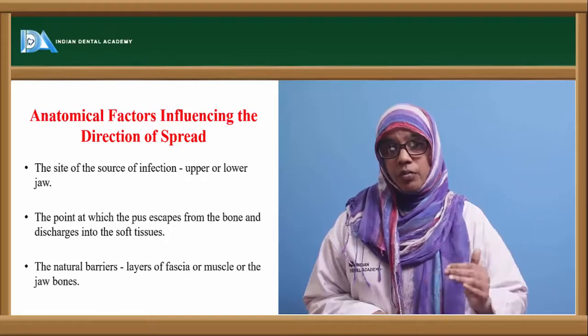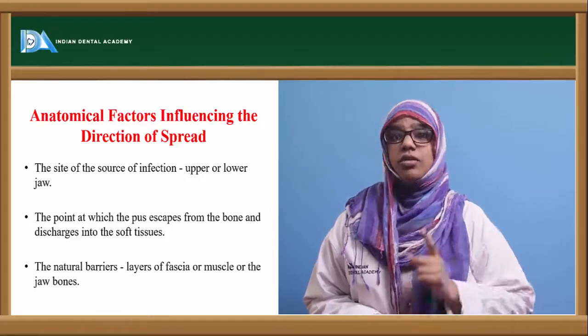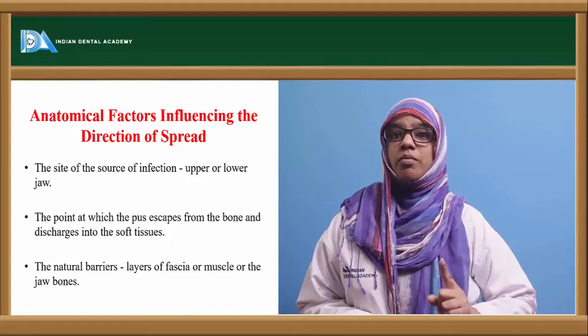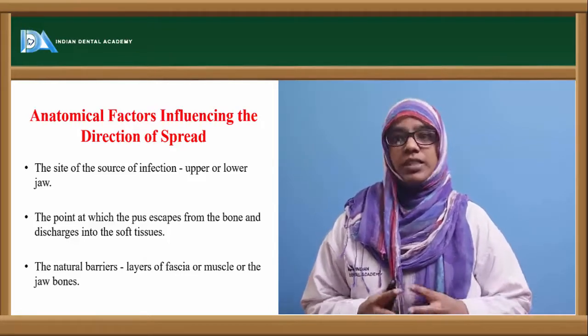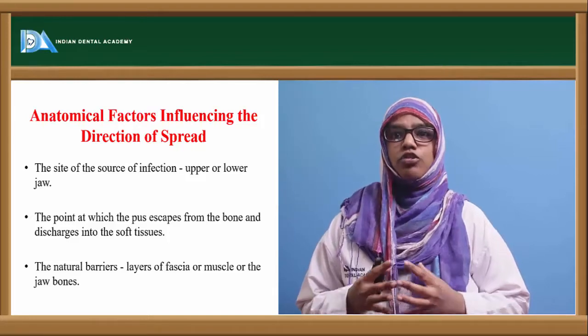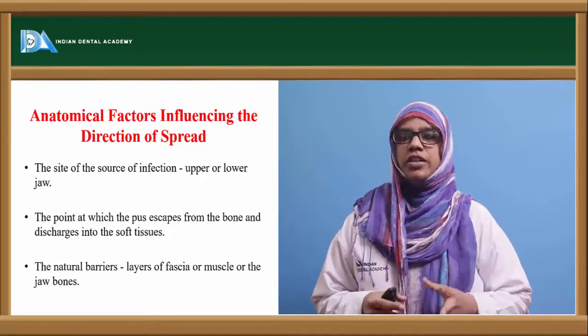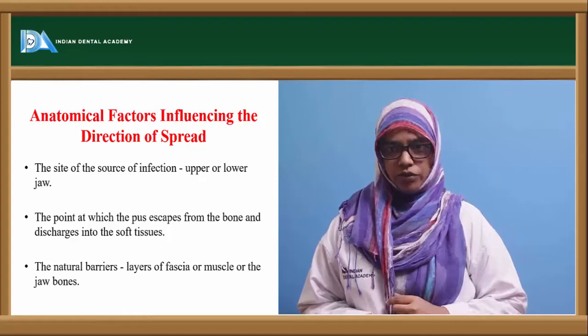But if it moves down below the mylohyoid muscle, it will result in submandibular swelling, that is submandibular infection. The natural barriers, that is the layers of the fascia, muscle and the jawbone, also play an important role in the direction of the spread of these infections.